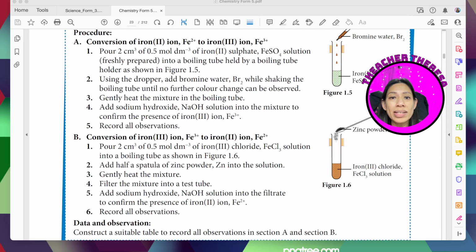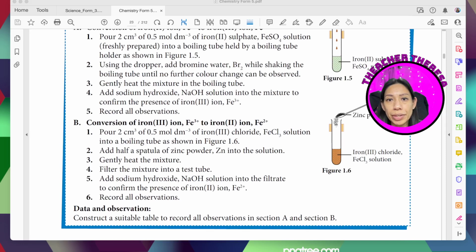Now, vice versa, iron 3 can be reduced to iron 2 by using a reducing agent. The definition of a reducing agent is a substance that reduces another substance but itself undergoes oxidation. Here we use zinc. When you add zinc, zinc is always in excess, so we don't really need to measure the quantity of zinc.